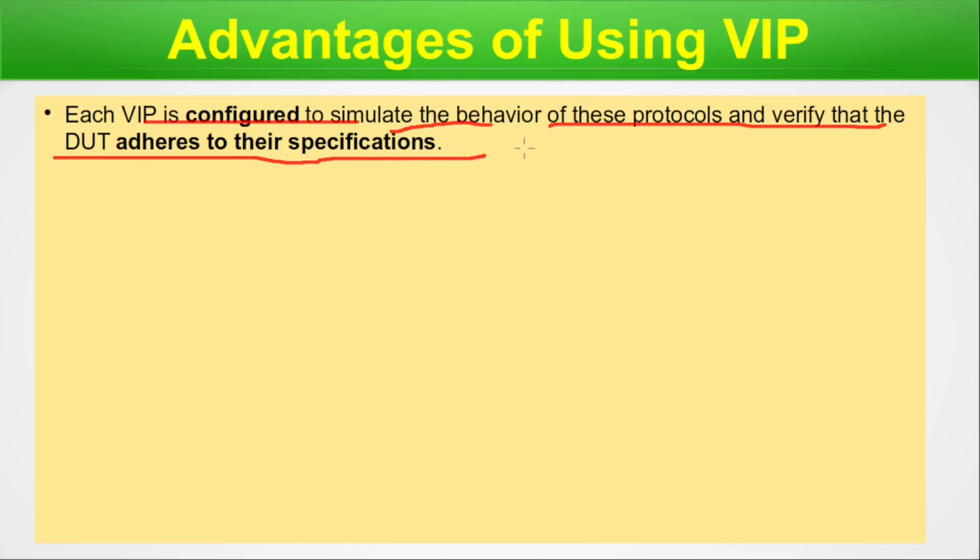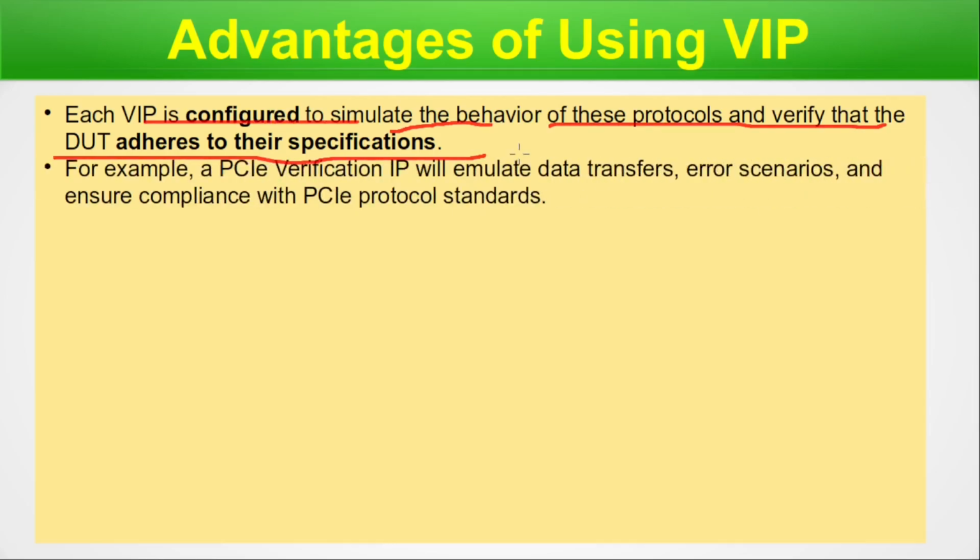Here we have a standardization of the DUT as well as the standardization of the verification decks inside VIP. For example, a PCIe verification IP will emulate the data transfer error scenarios and ensure compliance with the PCIe protocol standards. And you already saw there was a PCIe slot in the motherboard. So it's very easy for you to visualize once we had the desktop motherboard in the picture, right? You can see it easily, you can touch it, you can feel it, and you can understand it.